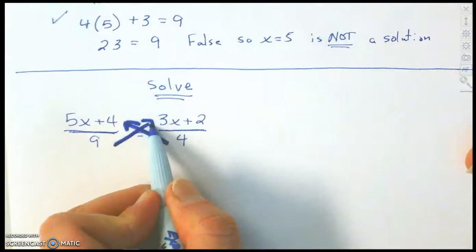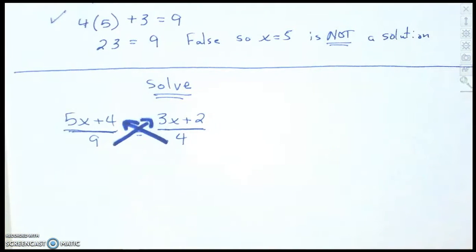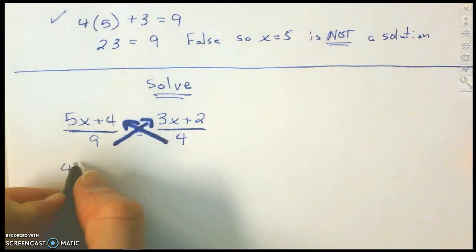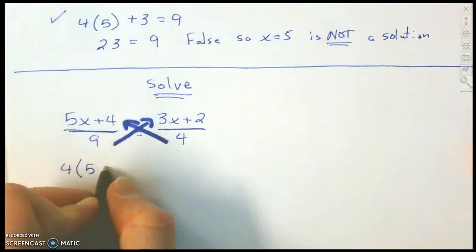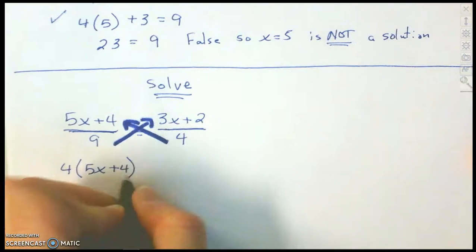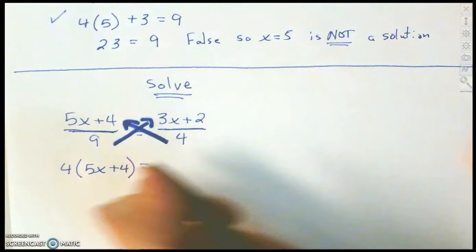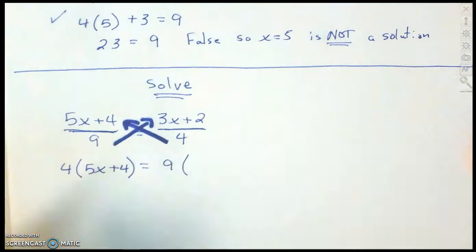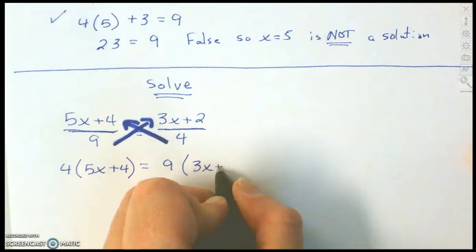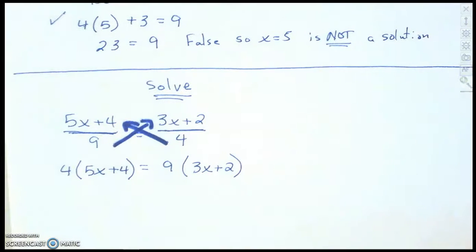When you have a fraction equaling another fraction, you can use the technique of cross multiplication. So we can go ahead and cross multiply here, and we have 4 times 5x plus 4. We put the 4 in front. And the other side, when we cross multiply, is 9 times 3x plus 2.